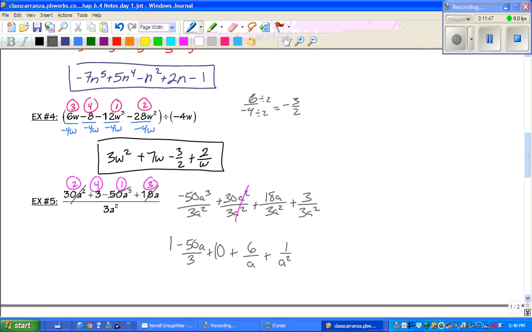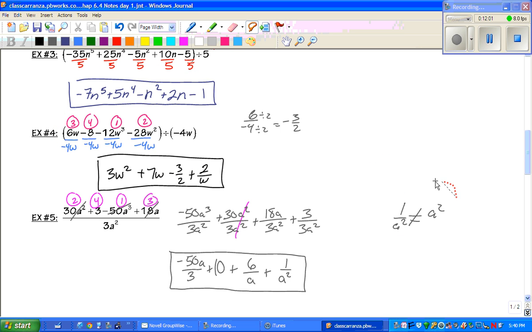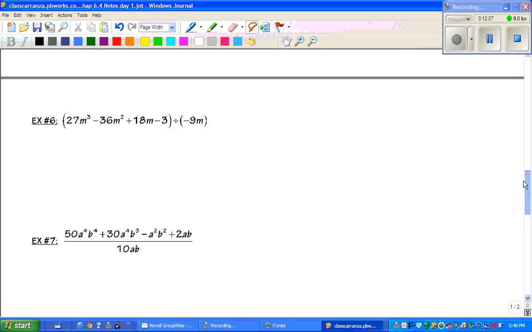So do not forget what goes on the top and what goes on the bottom, because 1a squared does not equal a squared, okay? That is something very important to know, okay? Let's flip it over.